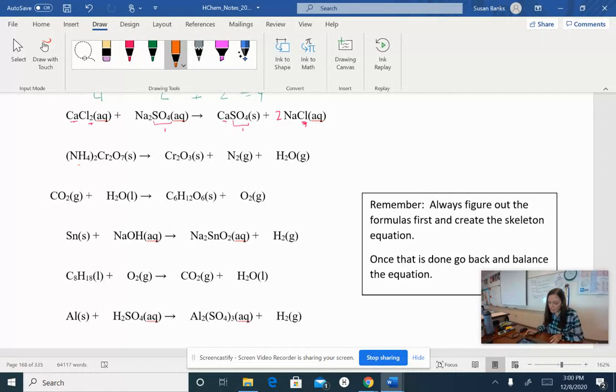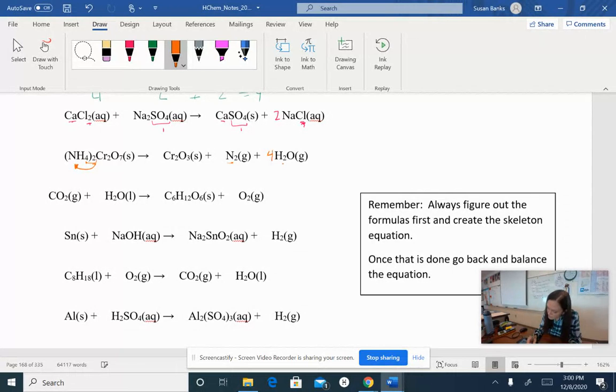Okay, we're going to take element by element. So this 2 right here multiplies this whole group. So that means I've got 2 nitrogens, and on this side, I've got 2 nitrogens. So I'm doing pretty okay. And here, 2 times 4 gives me 8 hydrogens. And here I've got 2 hydrogens. So what can I multiply 2 by to give me 8? Did you say 4? 4 times 2 does give me 8.